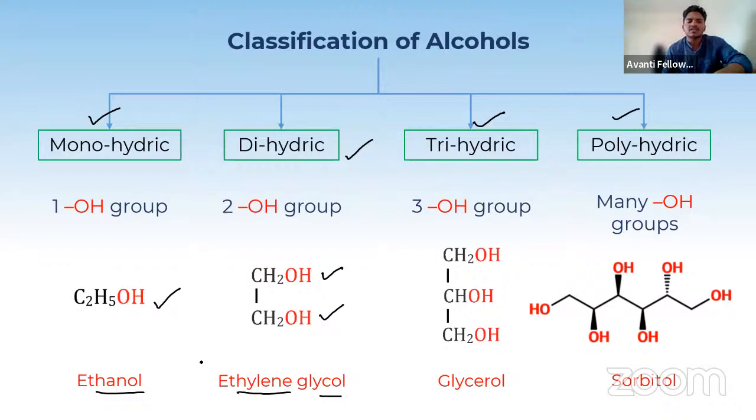Ethylene glycol is a common name actually, but the IUPAC name is ethane 1,2 diol. This is the IUPAC name of this compound.